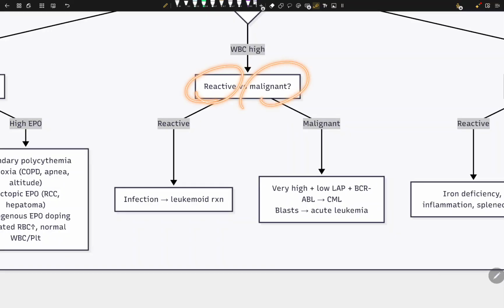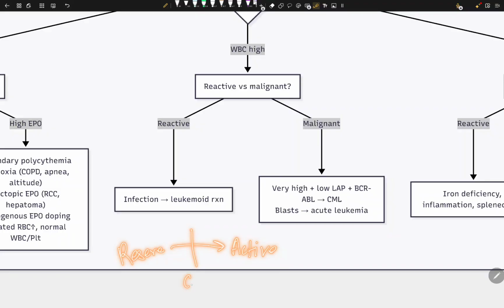So we have reactive versus malignant, right? Reactive is just we have some sort of infection, some drug, some virus that has caused our system to push WBCs out of the marrow reserve into the active line, right?